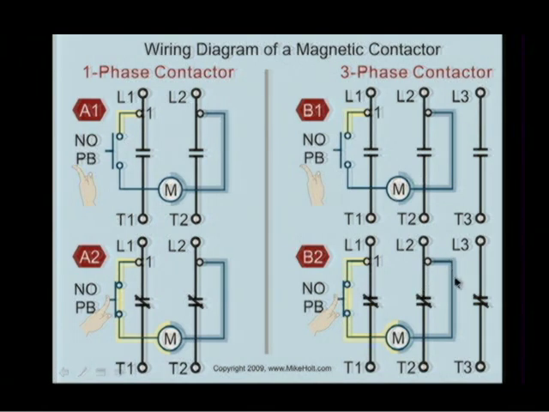Since line 2 is supplying one side of the coil, now that you press the normally open push button, line 1 goes to the other side of the coil. The coil now is energized, and it closes those M contacts. And now T1, T2, and T3 are being supplied by line 1, line 2, and line 3. The load is operating.